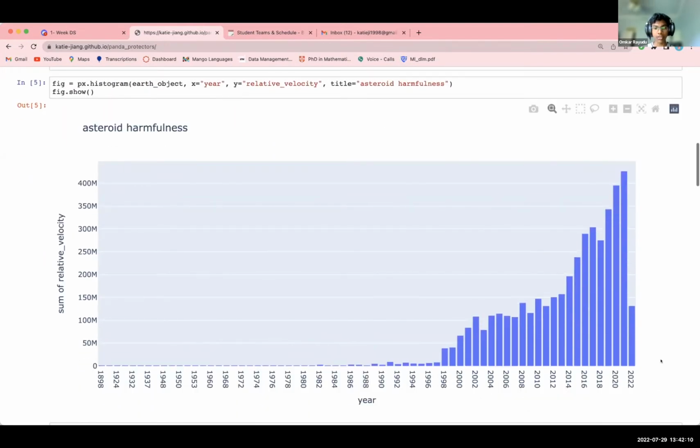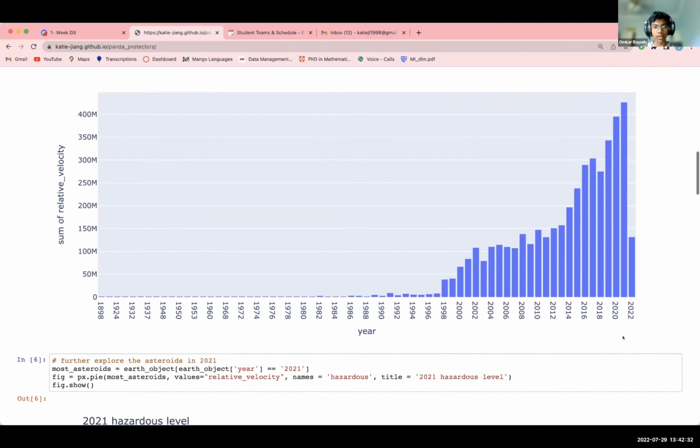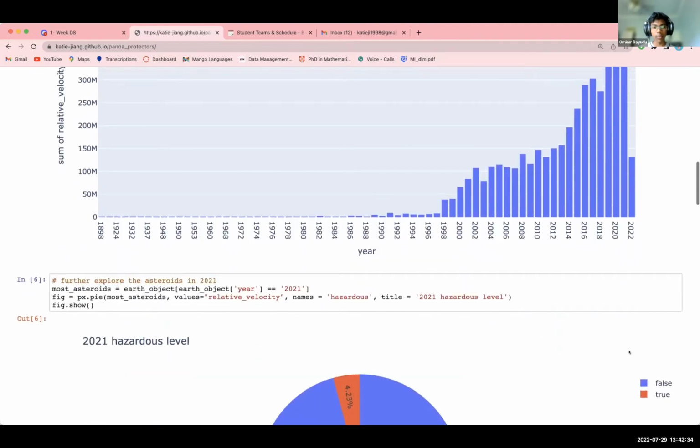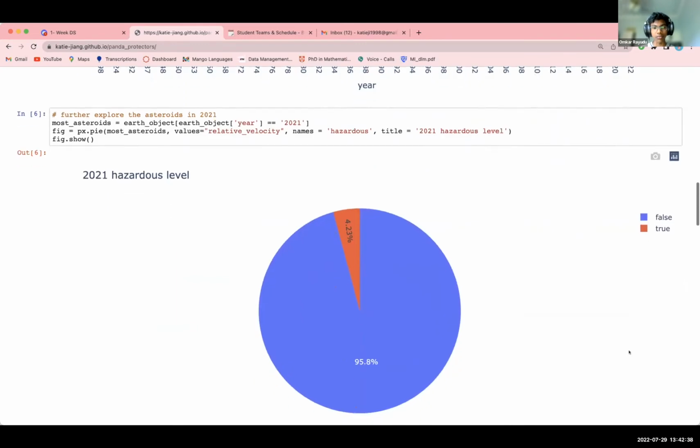You can see there's a spike in 2021, meaning that there was the most number of hazardous asteroids in that year, and it had the greatest sum of relative velocity. Even though the chances of an asteroid hitting Earth were relatively low, it did have the highest chances. Obadah will go next and go into further detail.